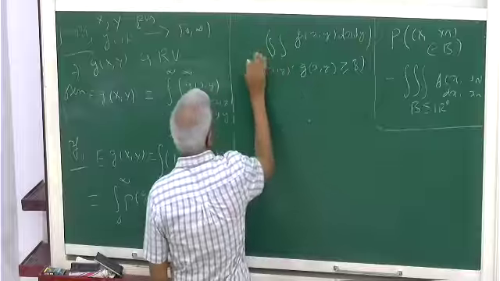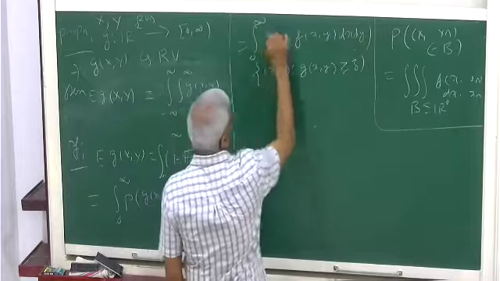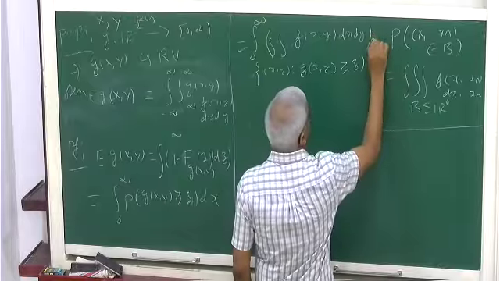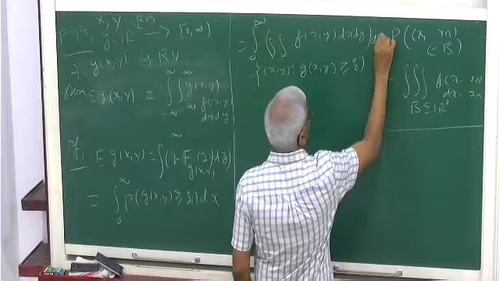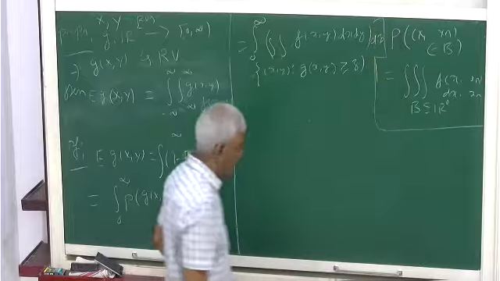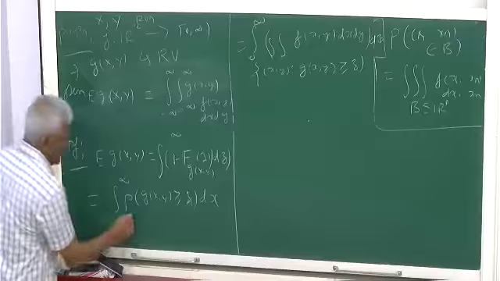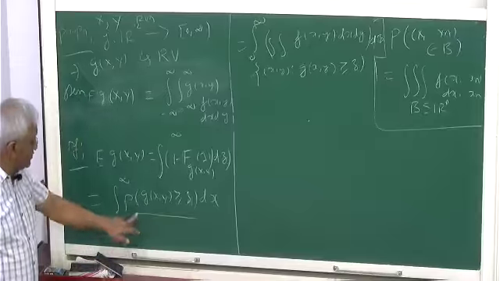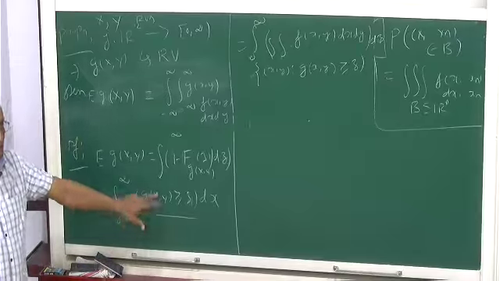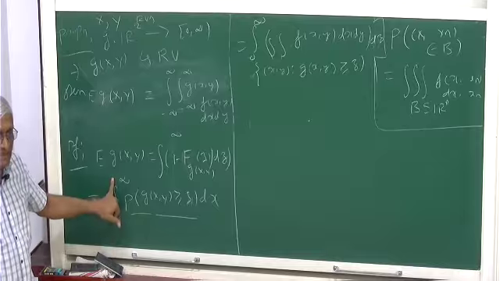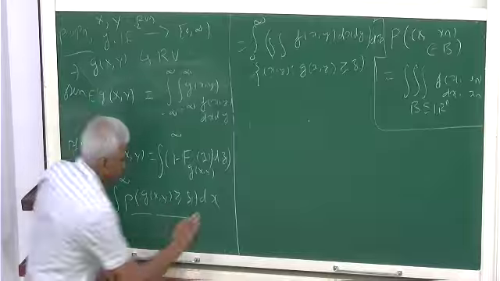Then the integral from 0 to infinity, dz. I have just replaced this: it is equal to the integral of that density f over this set. The 0 to infinity I am just keeping; here there is a z.